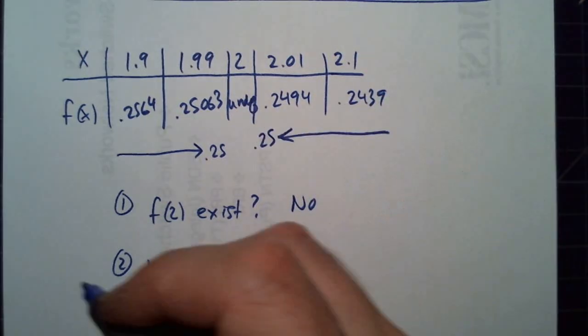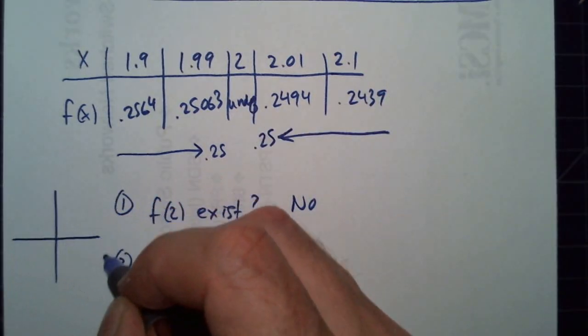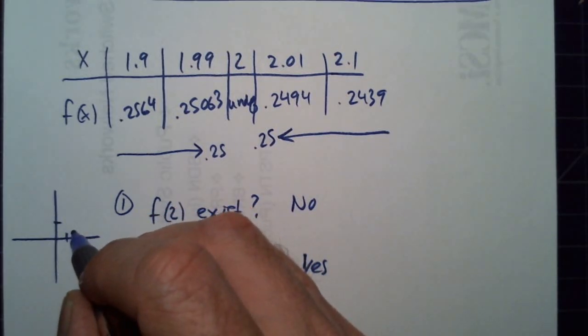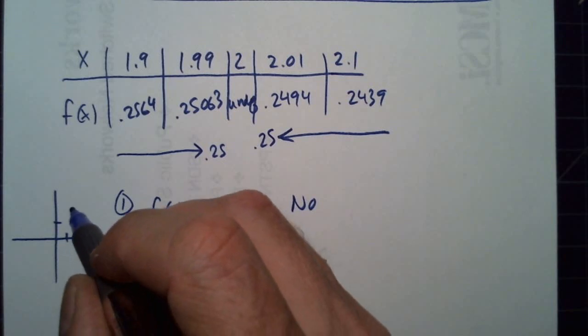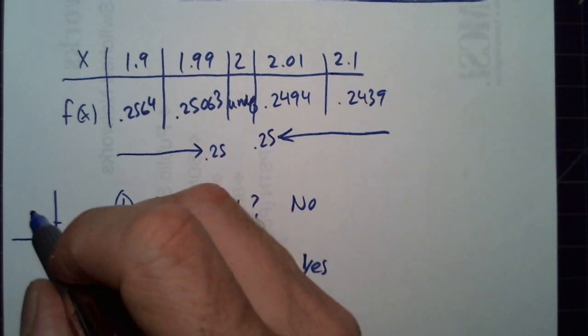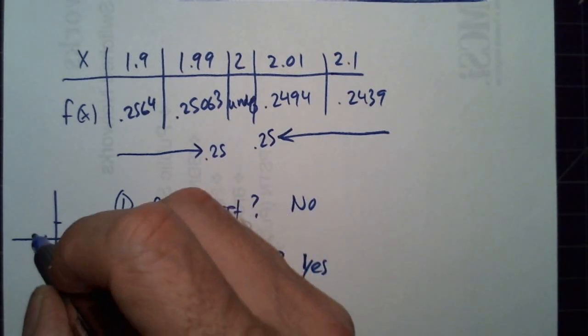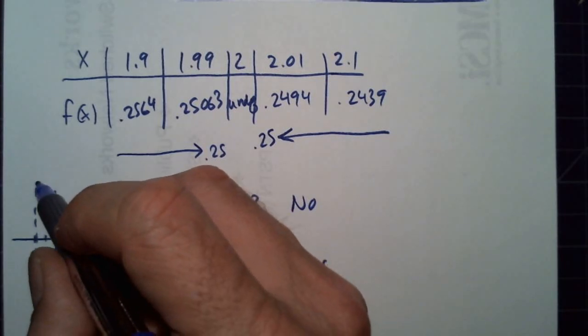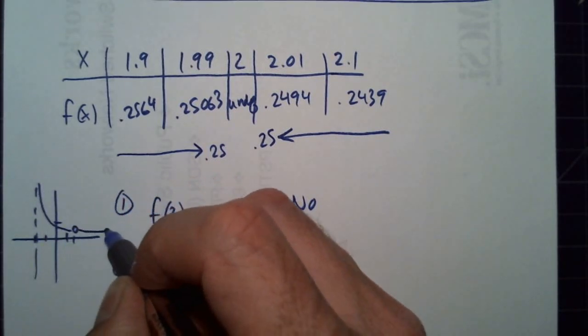When the limit exists but the function doesn't exist, there's just going to be a hole in the graph. At 2, there will be an open circle. We will cover the graphing later, but that's what the graph looks like.